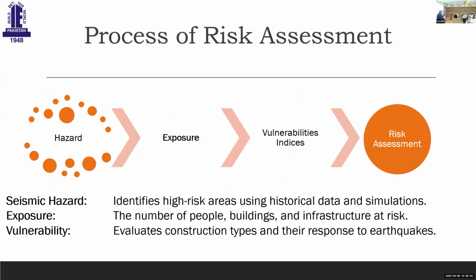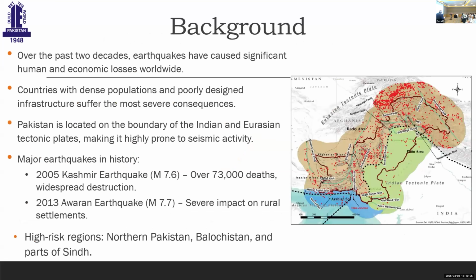And then we determine the exposure. Exposure is the number of buildings which are at risk, and then we evaluate the vulnerability in the buildings, how weak or strong they are, and then we overlap them and do the risk assessment and see how many buildings will go under damage and what kind of damage we're talking about, whether the damage is going to be beyond repair or repairs are possible.